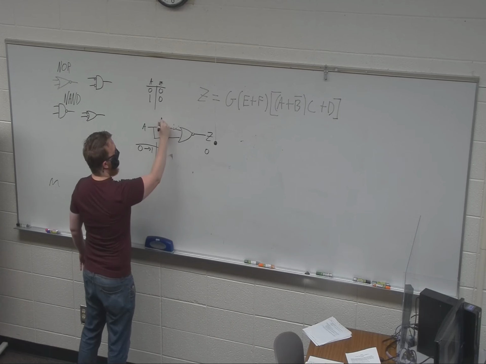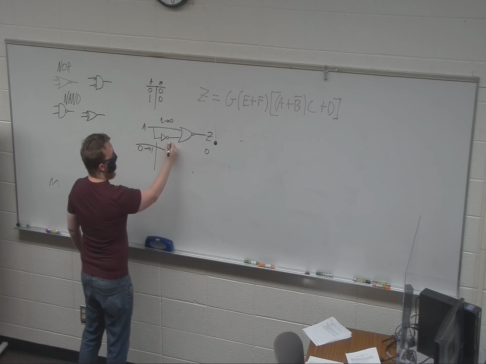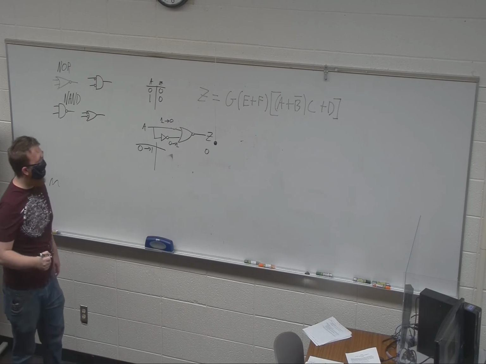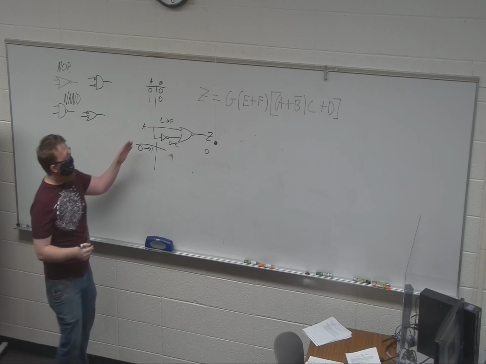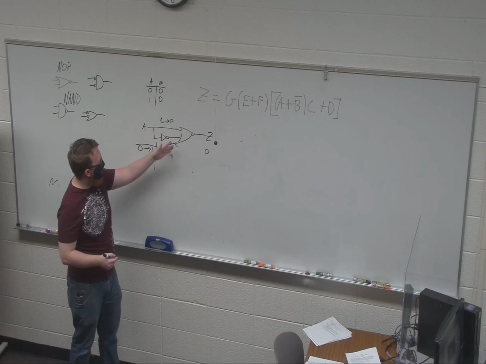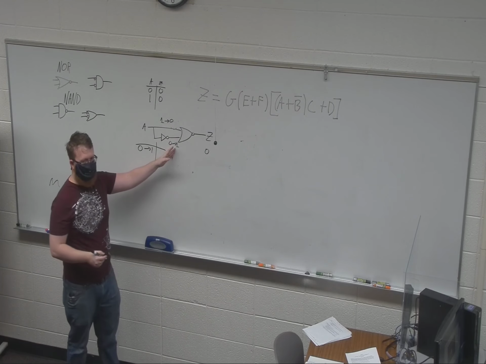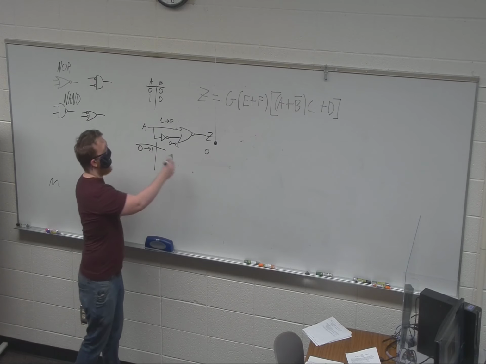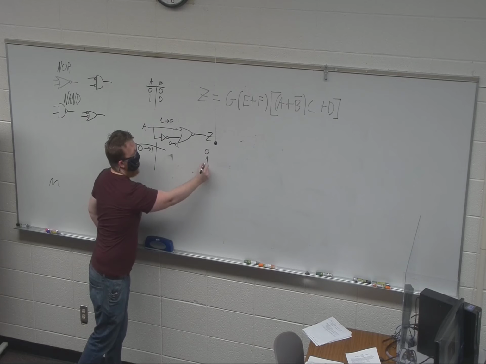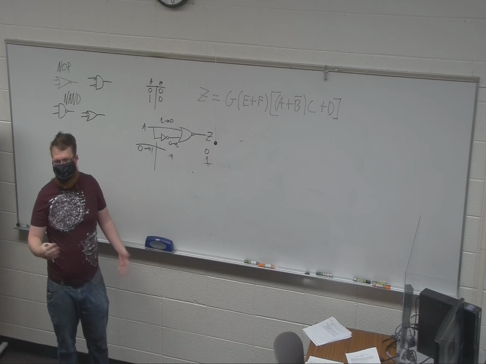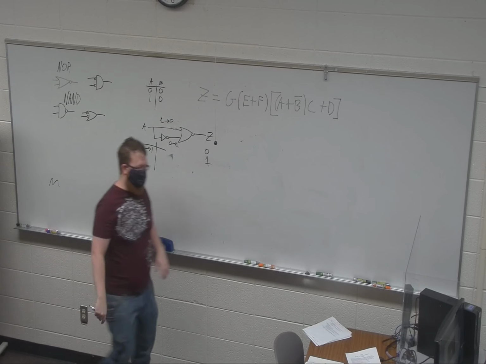So we're going to go from 1 to 0, that means this is going from 0 to 1 with a delay. So then we have a 1 here and a 0 here. What's the output? 1. Should that output ever be 1? No.